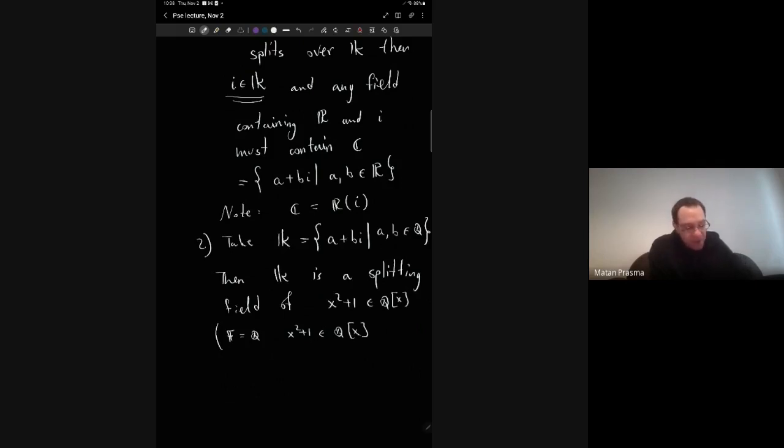The minimal field with this property is K. I will not repeat the argument, but you can take it as an exercise that K is indeed a splitting field of this polynomial, and also that K is the minimal field containing Q and i.